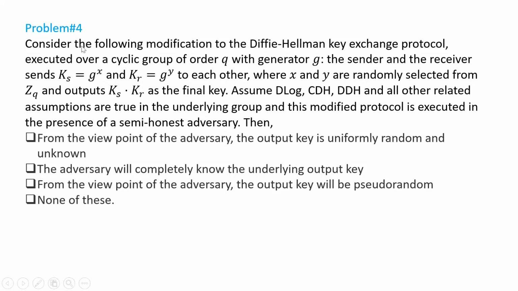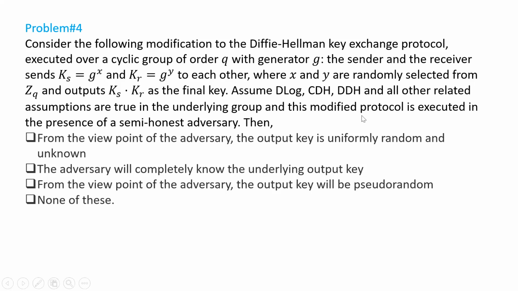Now just observe that Ks is given as g to the power x, which is available in the transcript to the adversary. It is visible on the public channel, and the value Kr is also visible to the adversary. If the final key is of the form Ks dot Kr, this is nothing but g to the power x dot g to the power y, which is g to the power x plus y, right?